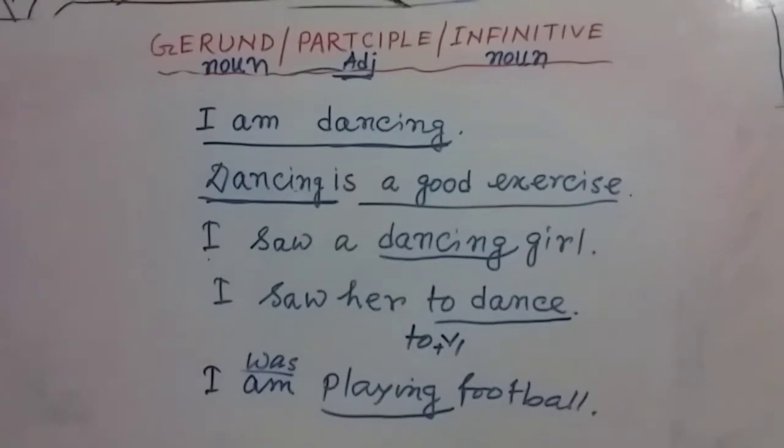An adjective always modifies or says something special about the noun. That means an adjective always modifies or quantifies whatever it may be. Maybe it modifies the noun, maybe it quantifies the noun, whatever it may be, that will be called adjective.